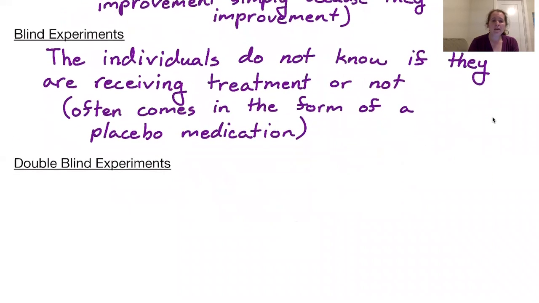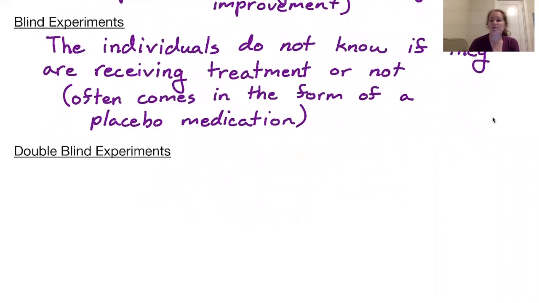In a double-blind experiment, not only does the individual not know, but the person that gives them the treatment does not know either.